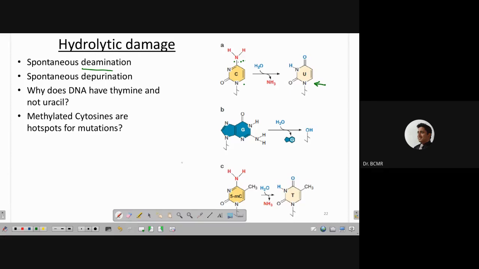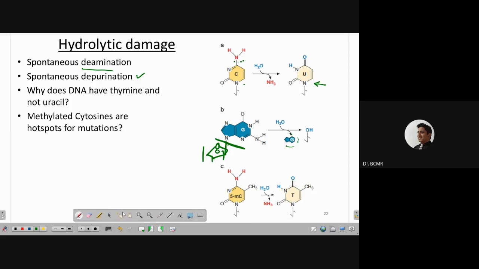And there is also the glycosidic bond, where this is the base and you have the deoxyribose, like this, right? If this glycosidic bond is broken, then you are losing the whole base itself. That is depurination. Why are we saying depurination? Because guanine is a purine.